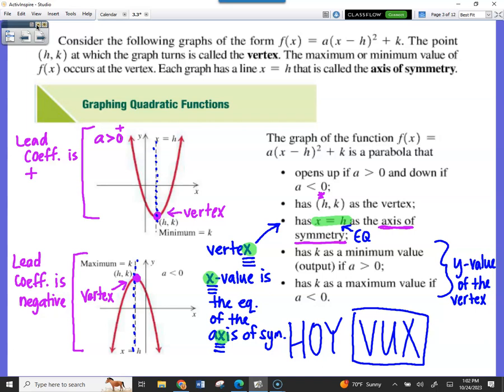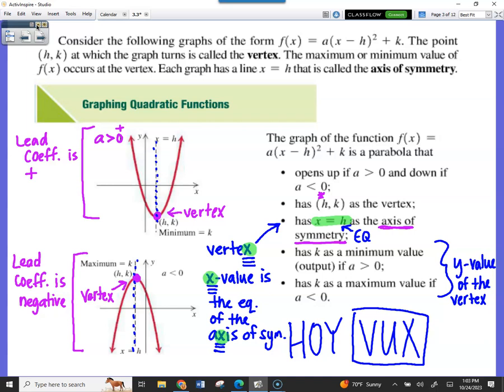Notice both scenarios, a specific point is right in the middle, whether it's opening up or it's opening down, and that point is called the vertex. The vertex splits the quadratic. It is the middle, and it is also the extremely highest point or the extremely lowest point, depending on which way it's opening, right?